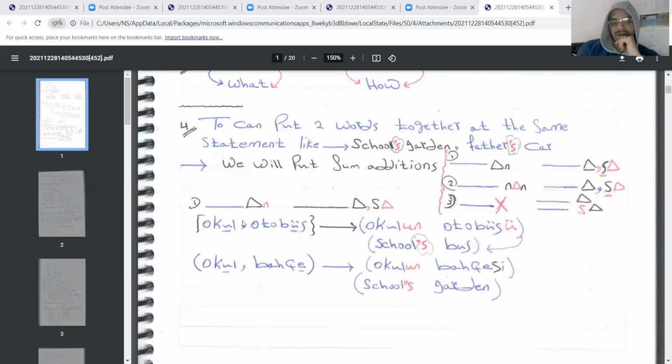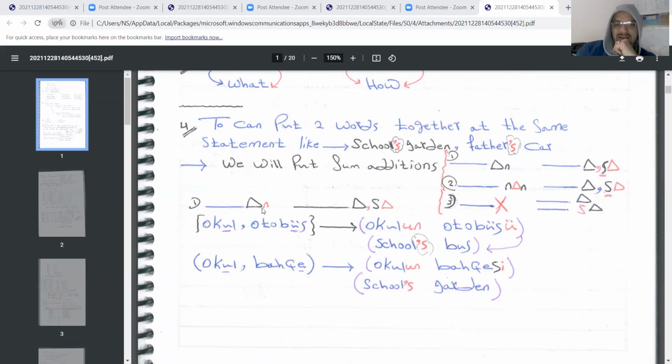Let's focus on the first. Let's take many examples to understand this form. Here, delta n and delta or s delta. And I said before why maybe we will put s. For example, when I put these two words in an appropriate statement, any native speaker, any Turkish citizen, can understand me immediately. Here we have okul, that means school. Otobüs, that means bus.